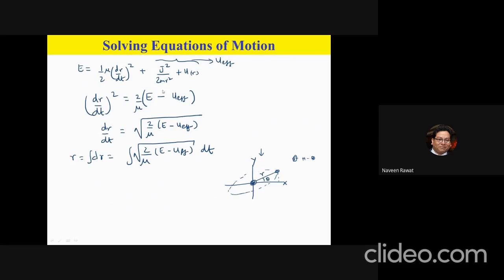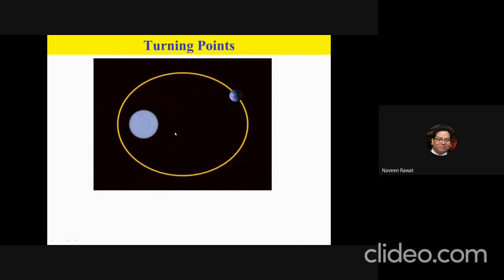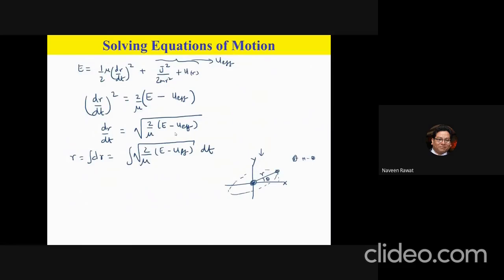And there is a lot of hidden information present here, so we'll try to explore that as well. One of them, where we'll conclude today, is the so-called turning points. If I look at this orbital motion and at this specific condition, what happens when my E is actually equal to U effective?